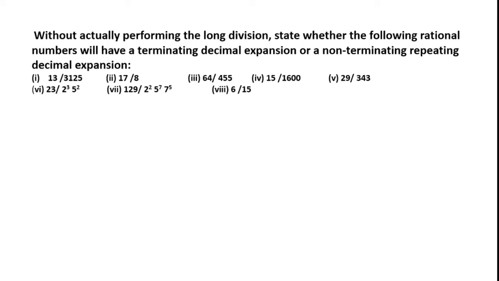In my previous video, I explained one theorem. By using that theorem, we can state whether it is a terminating decimal or non-terminating decimal. See, this is the theorem: let x be a rational number of the form p by q. We have to find the prime factors of the denominator q.